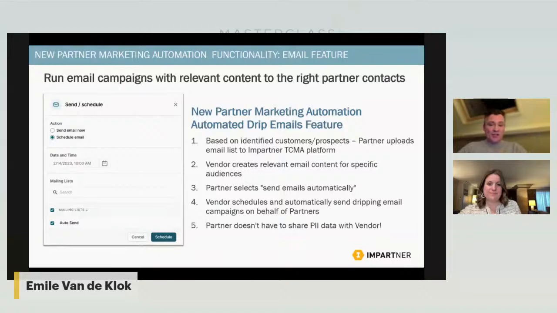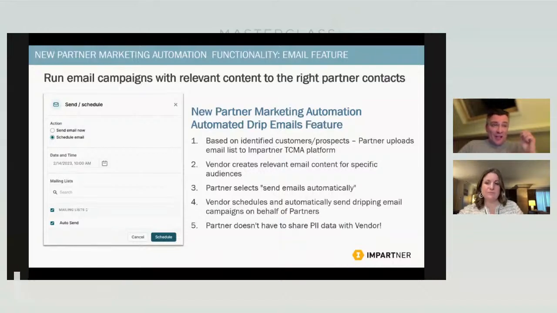It's the same as I just explained on vendor level, that the partners don't have access to the data. Here, the vendor doesn't have access to the partner data. So there's no conflict with that personal information that you need to share in the platform. So what happens here is that the partner uploads their specific prospects into the platform. But here comes the nice thing: the vendor can create the campaigns for the partner.